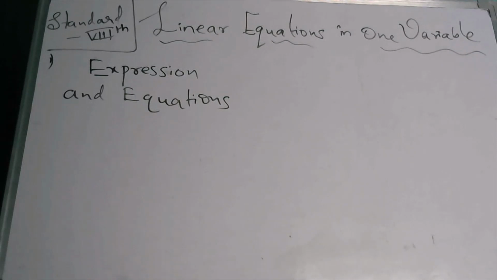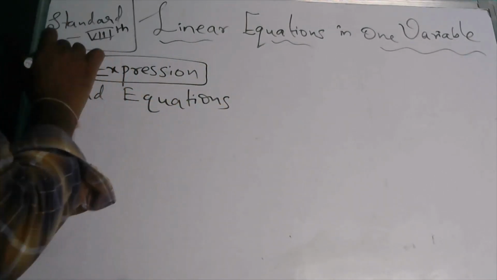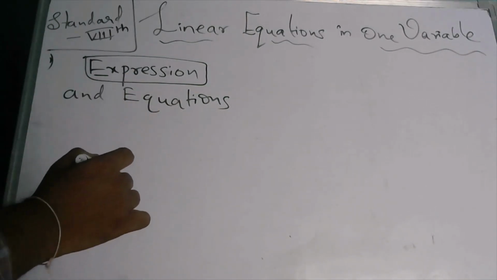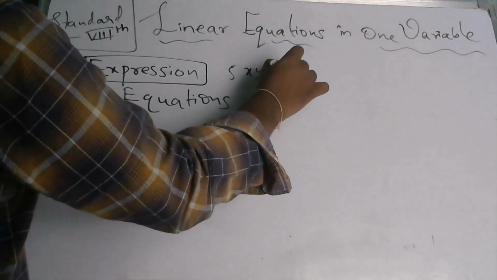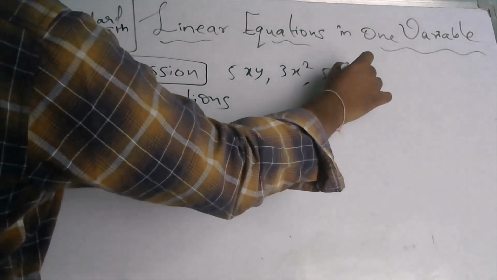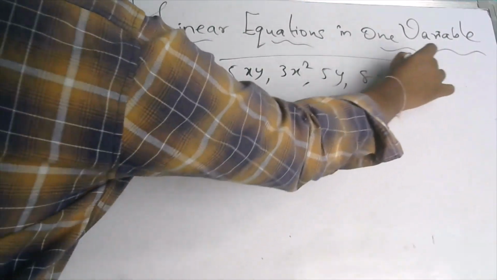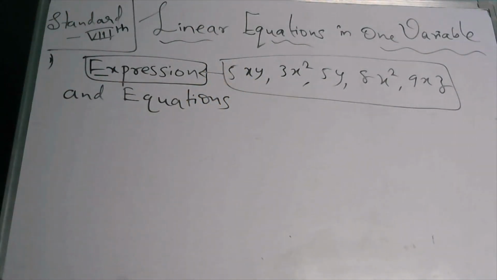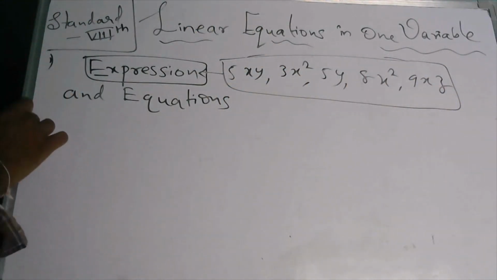So expression is nothing but, if you write something like this: 5xy, 3x squared, 5y, 8x squared, 9xz, all these come under expression, right?